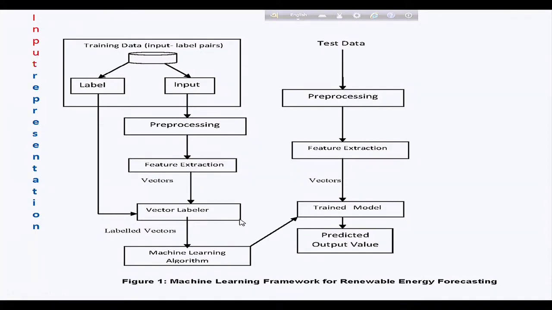The training data is then prepared and provided to the machine learning algorithm, which gives us a trained model. During testing, the test data again goes through preprocessing, feature extraction and vector conversion, and is submitted to the trained model, and the model predicts the output value. So this is the framework of a traditional machine learning model for energy forecasting.